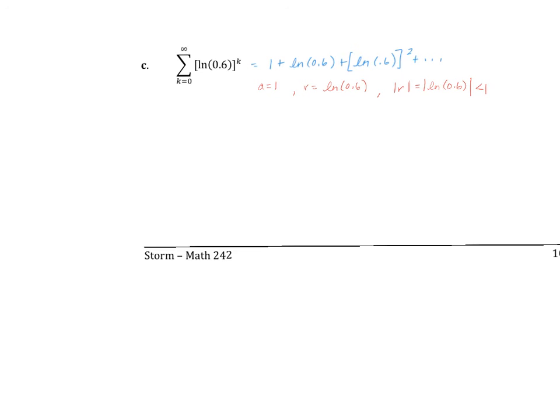I know it converges. What does it converge to? It converges to 1 over 1 minus the natural log of 0.6. So this would be the exact answer. If you want to plug this in a calculator, you can get approximately, we'll go 1 decimal place, approximately 0.7.